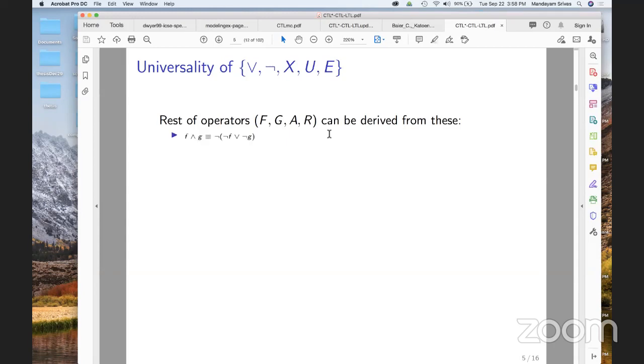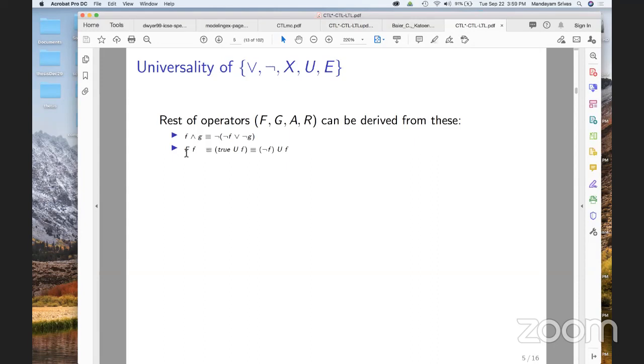As we said, it is enough to have in LTL the temporal operators F, G. In general for CTL star, F, G, A, and R can always be derived from the rest of the operators, and that's what I'm illustrating.